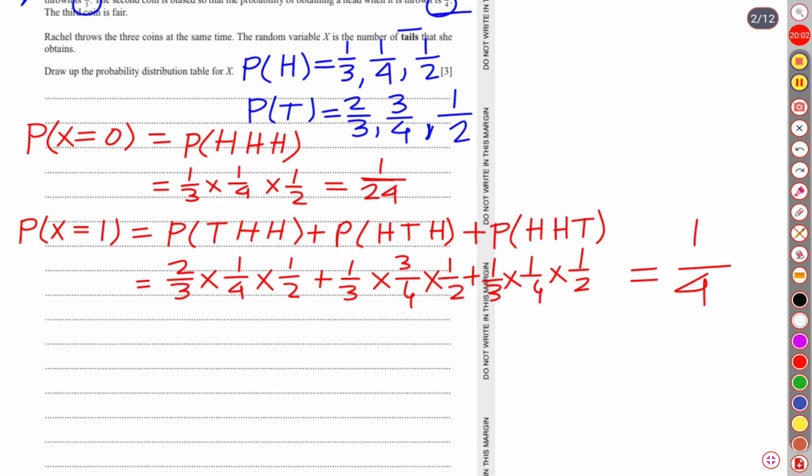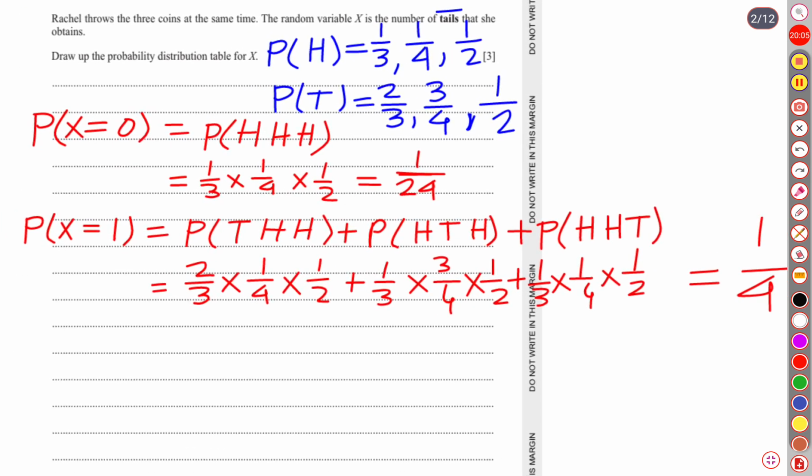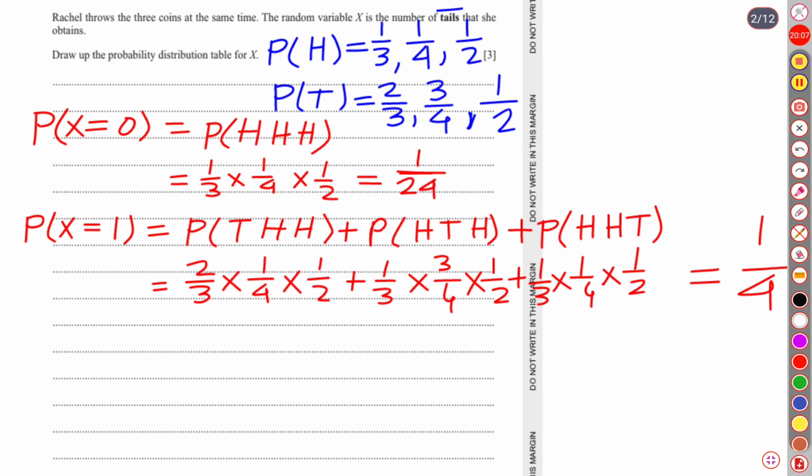Then the third possible case is he might obtain 2 tails. If 2 tails are obtained, what are the possible cases? Suppose first 2 are tail, third one is head.